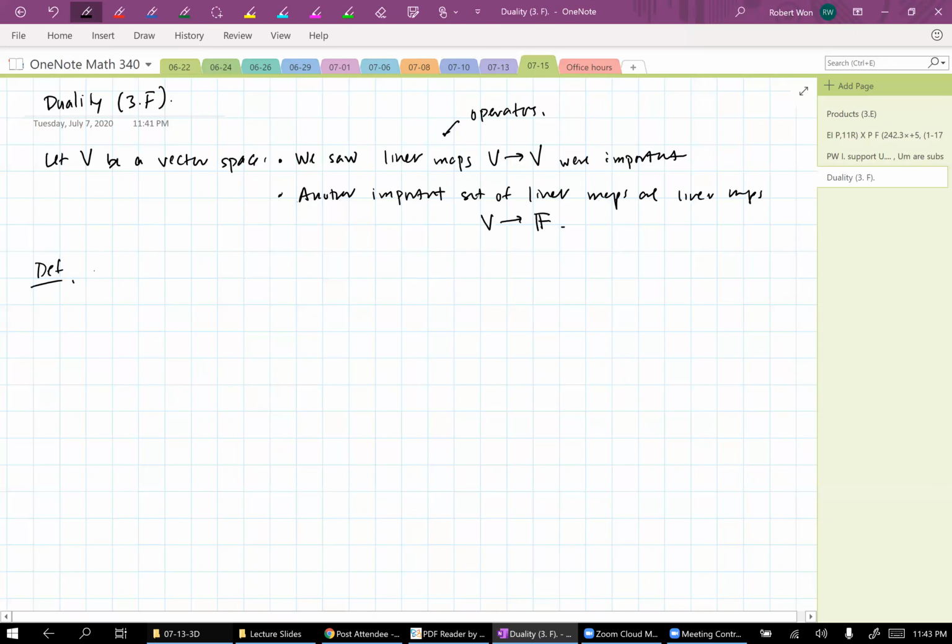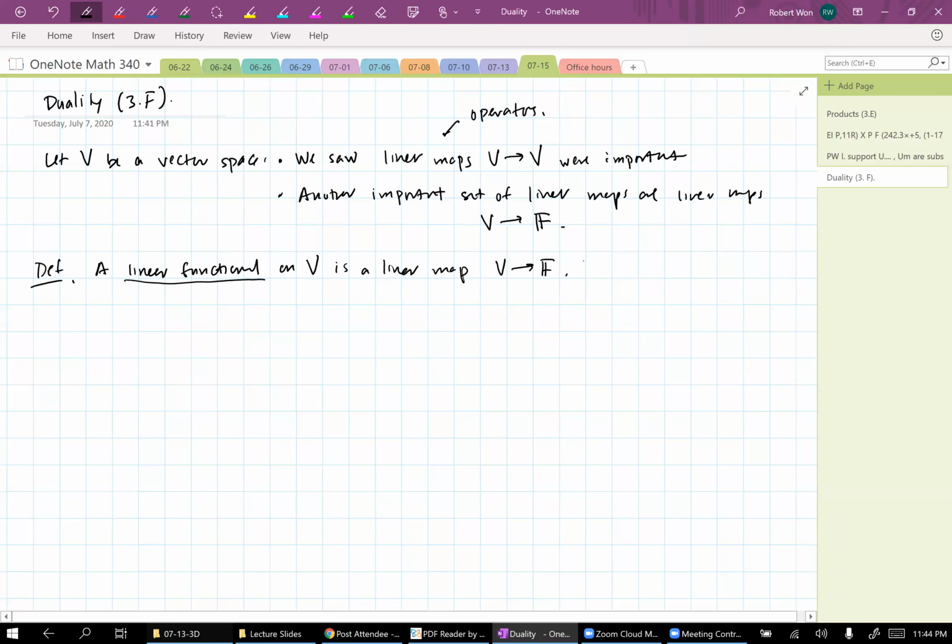Definition. A linear functional on V is a linear map V to F. So we're just giving them a special name because they're so important, right? They are just linear maps to the base field.